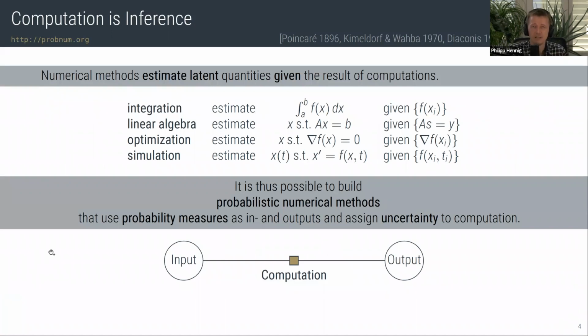A numerical algorithm estimates an unknown quantity, like the value of an integral, given evaluations of tractable quantities, like values of the integrand, even if they are corrupted by noise, like I just described before. So they're estimating latent quantities from observable quantities, estimating unknown quantities from data.